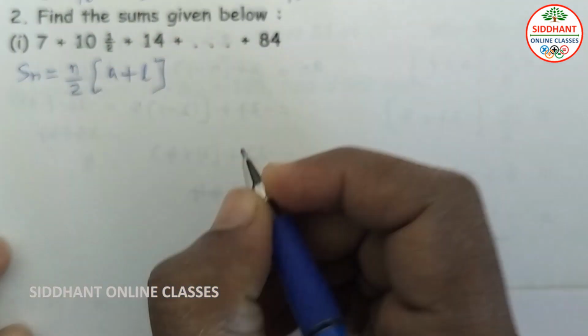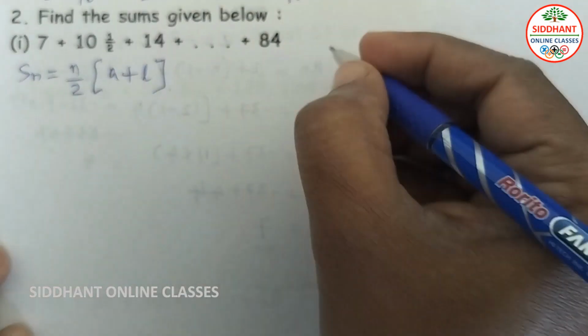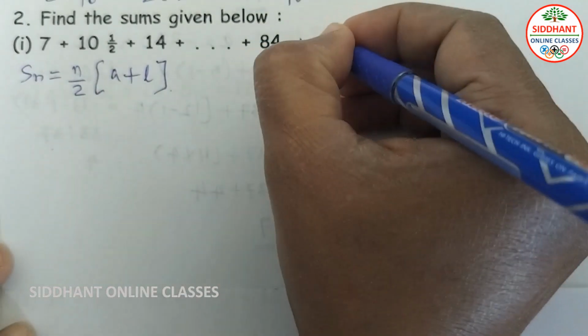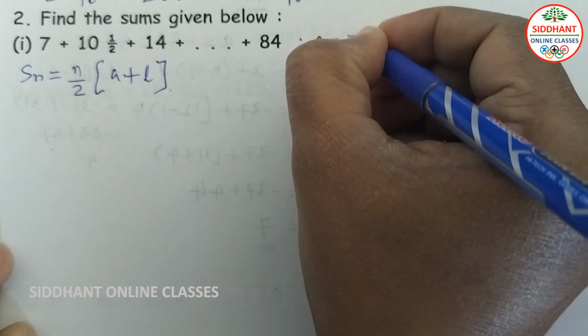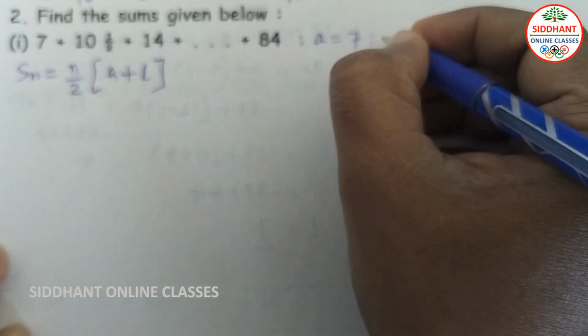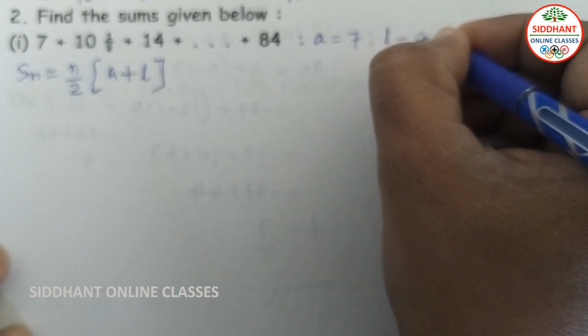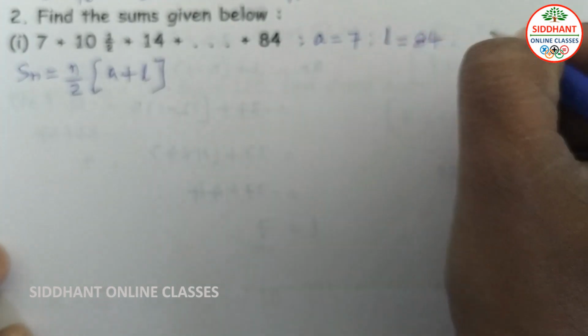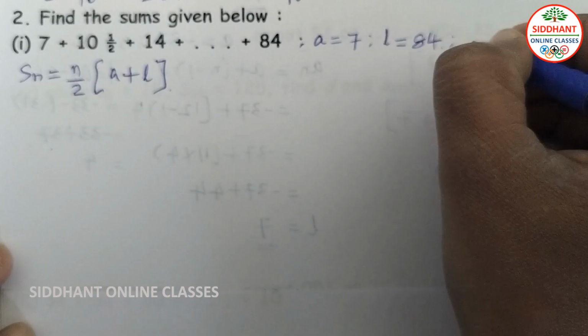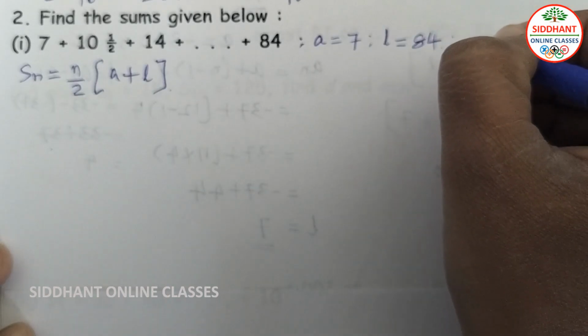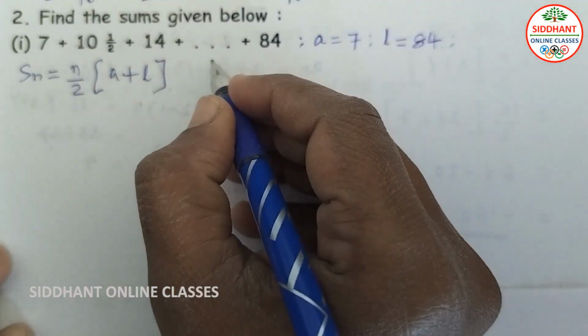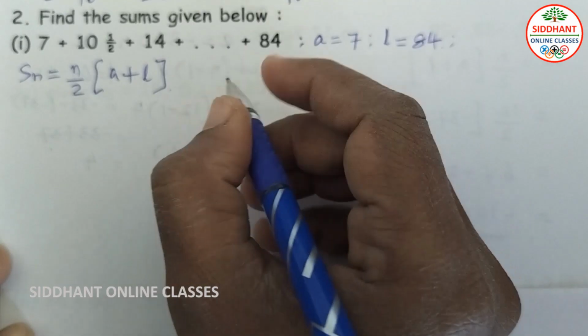What is given in the question? a is given, which is 7, and l is given, which is 84, and d can be found from a2 minus a1, and n we are going to find out.